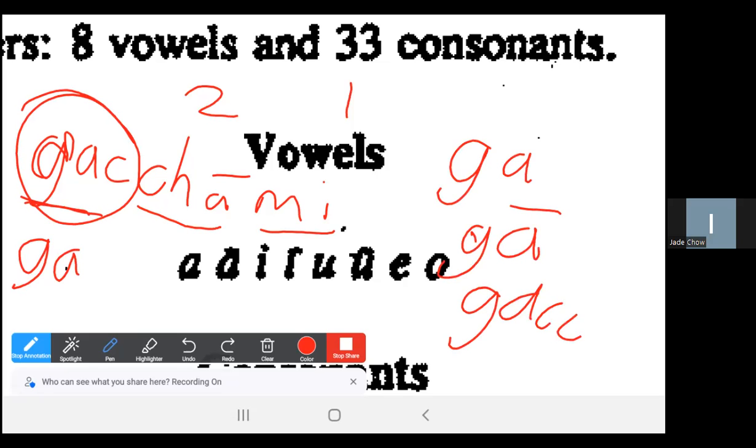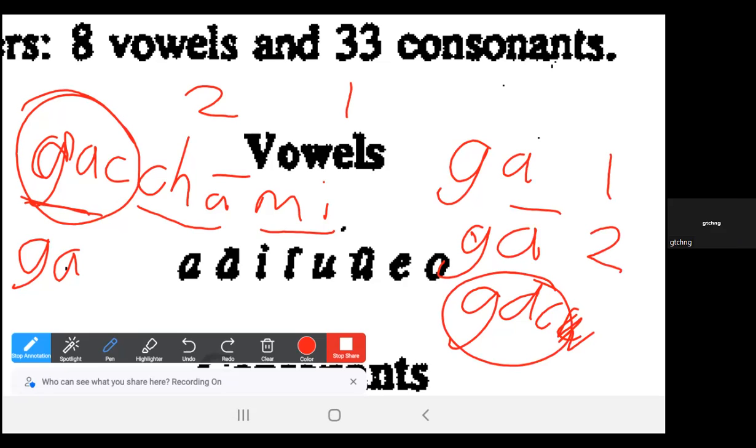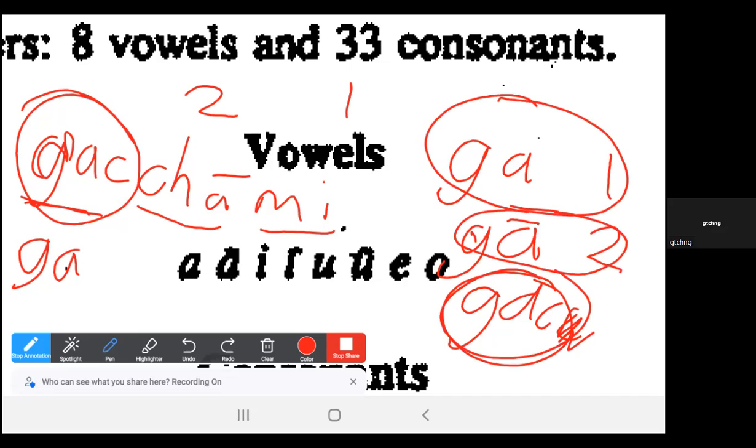So which one is shorter? The last one is shorter. So is this 2 timing? This 1 timing? How about the ga in gac? What do you think? It's a good question to ask. Less than 1. Yeah, it's less than 1. So sometimes we call it 1.5 timing.